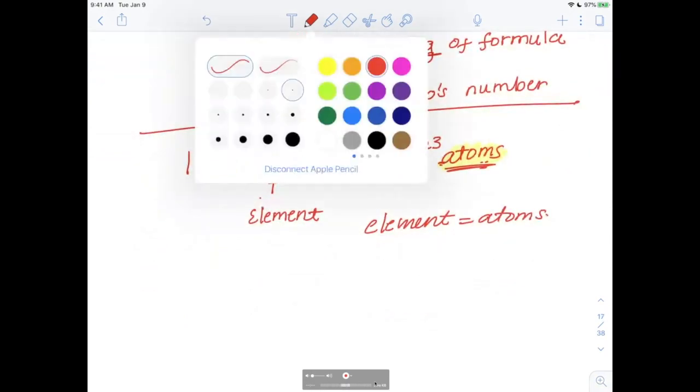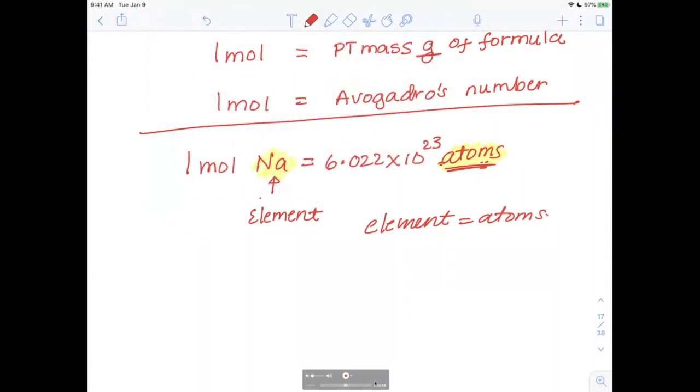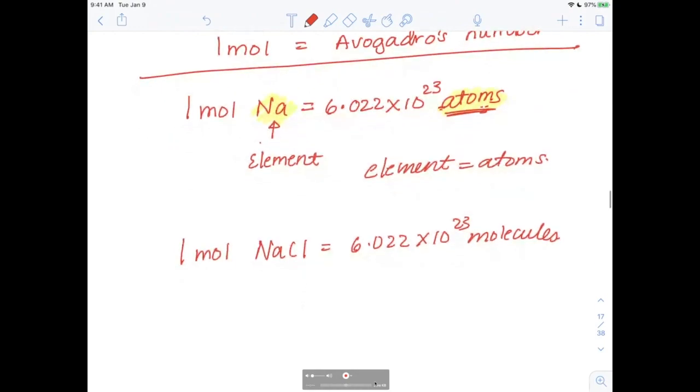On the other hand, we use a different word here if you're given a compound. So example, 1 mole of sodium chloride equals 6.022 times 10 power 23 molecules. Okay?